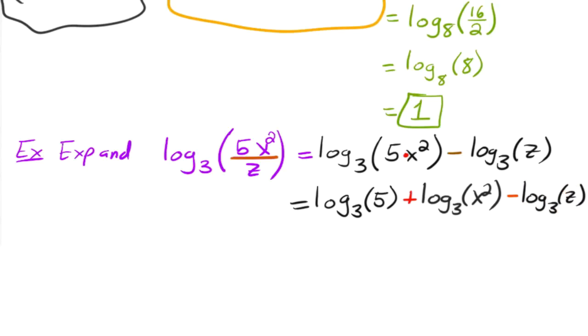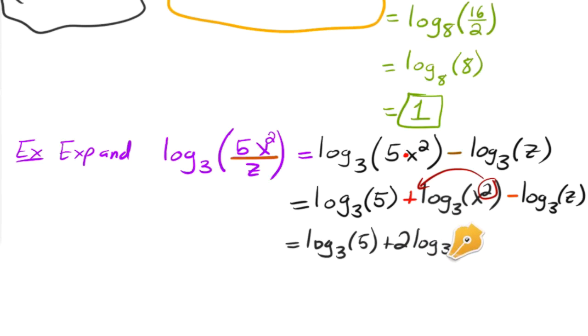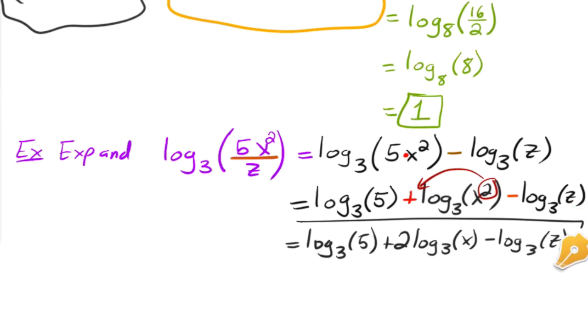And then I'm almost done. The one last law that I can use is this one to bring the exponent down in front. So this is going to equal log base 3 of 5 plus 2 log base 3 of x minus log base 3 of z. And that's it.